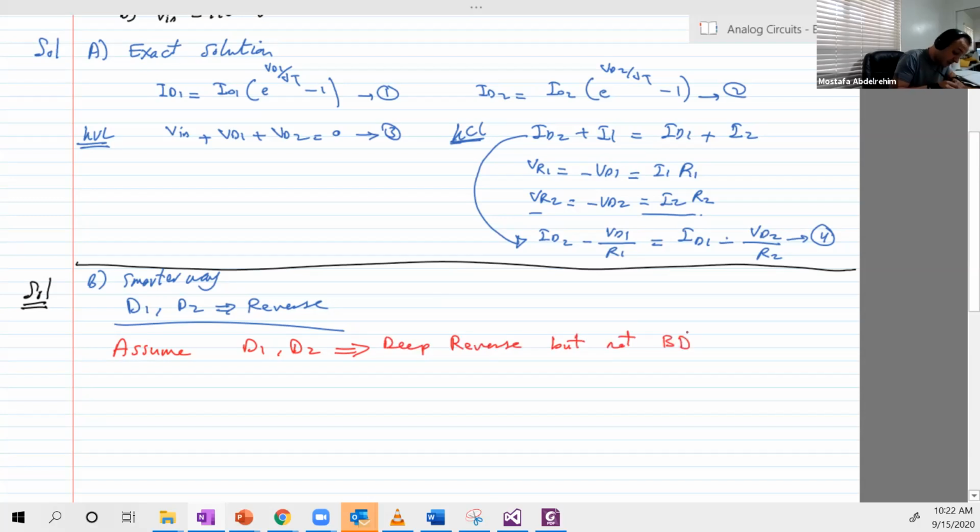And this is, by the way, at V input equal to 90 volt. Of course, in the exact solution, you should solve these sets of equations two times, one at 90 and one at 110, which makes it more complicated.